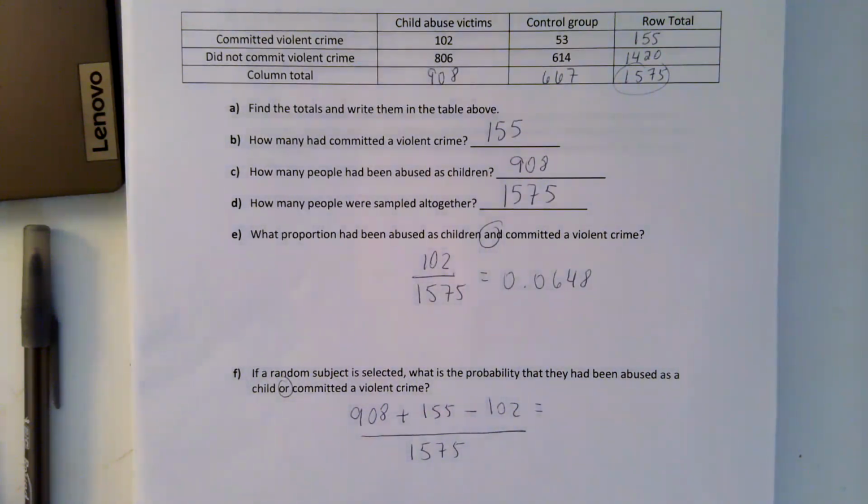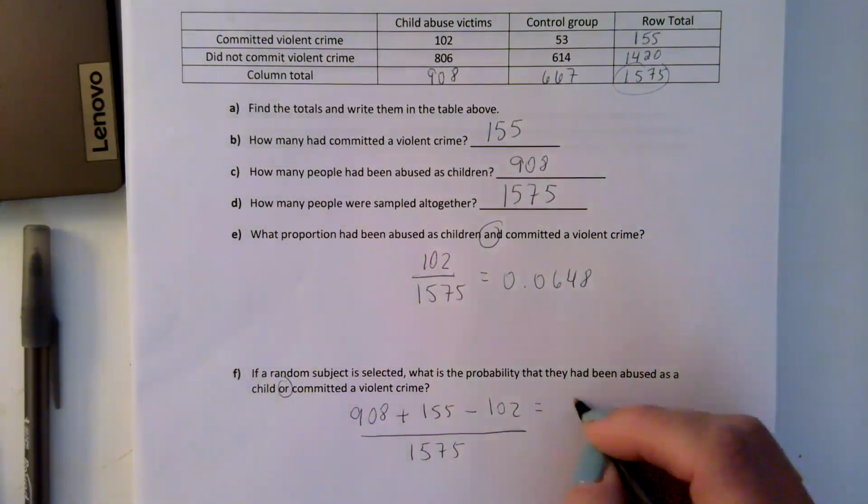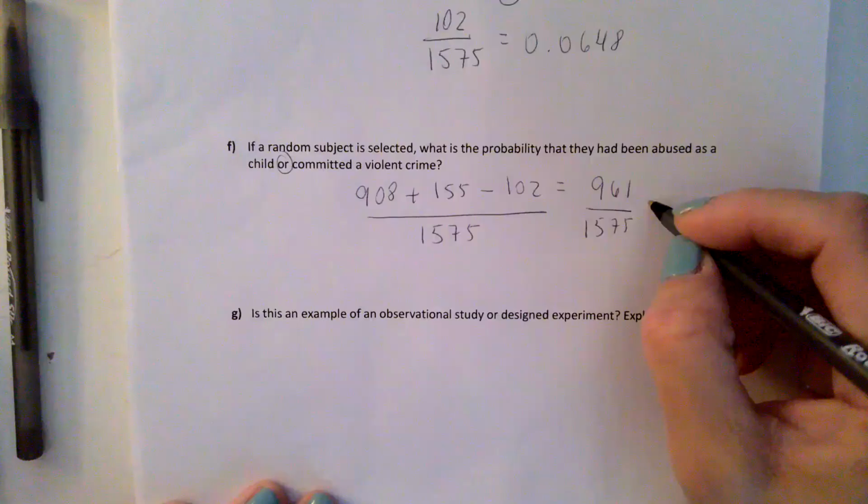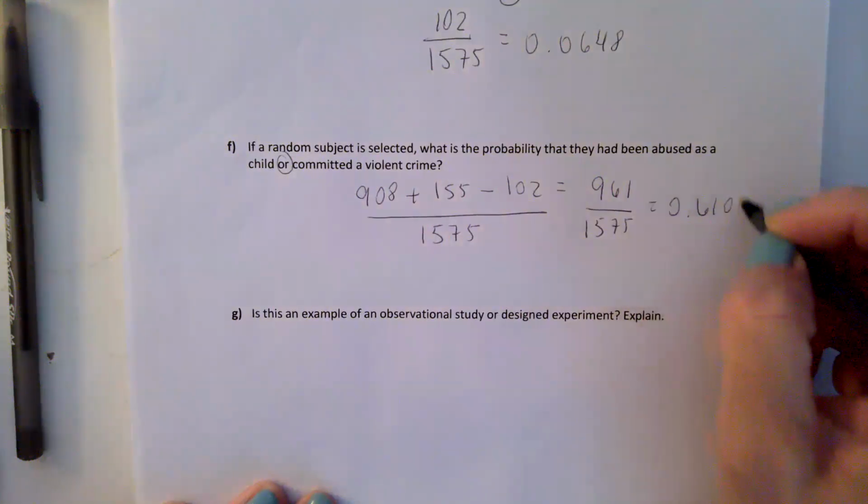So 908 plus 155, subtracting 102, is a total of 961 out of 1,575. Comes out to be 0.6102.